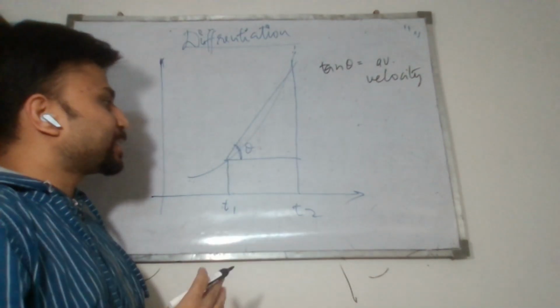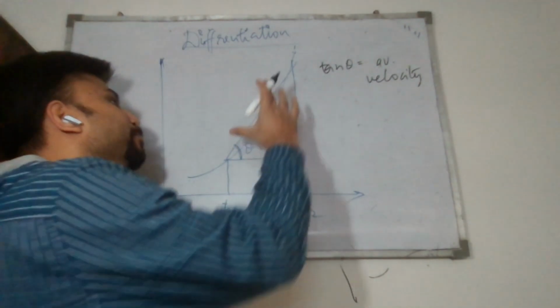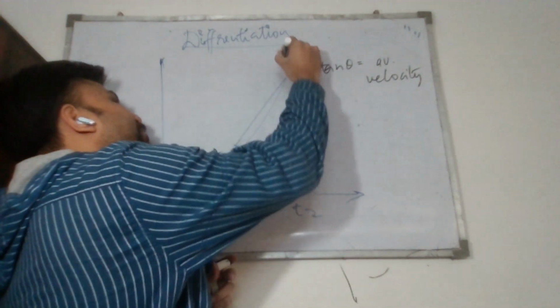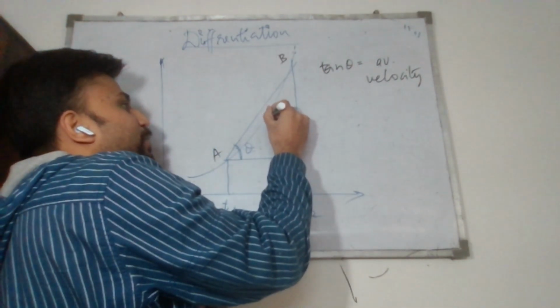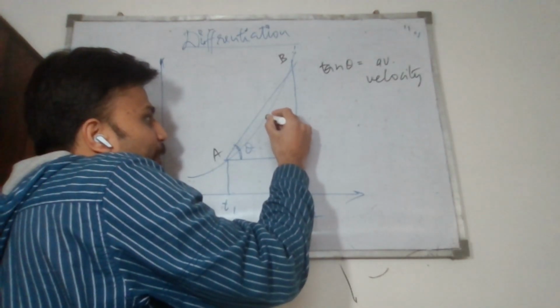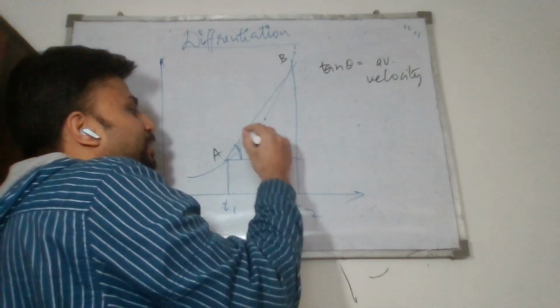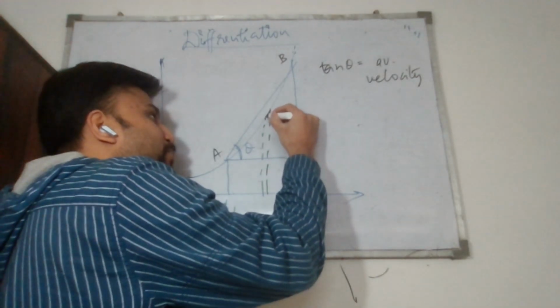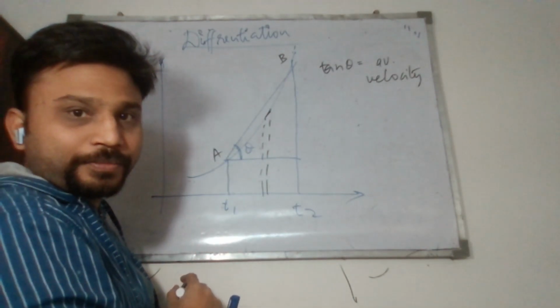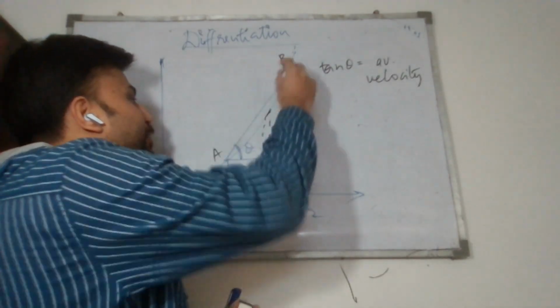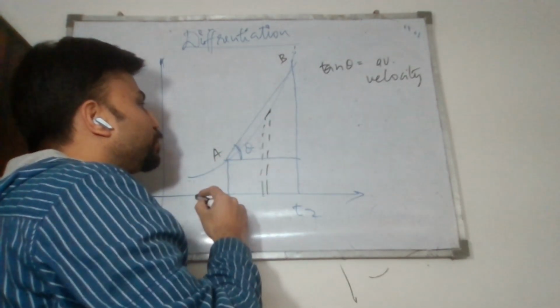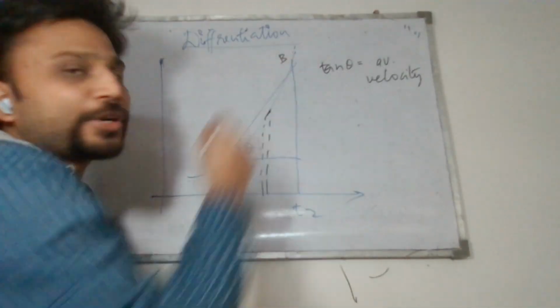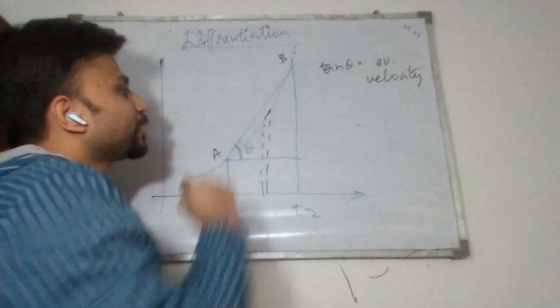So how to make it instant? We make it instant by bringing these 2 points A and B infinitesimally close to each other, such that when this line tries to cut these 2 points, A and B, it is cutting this graph at point A or point B. So this is the line which is cutting this graph.